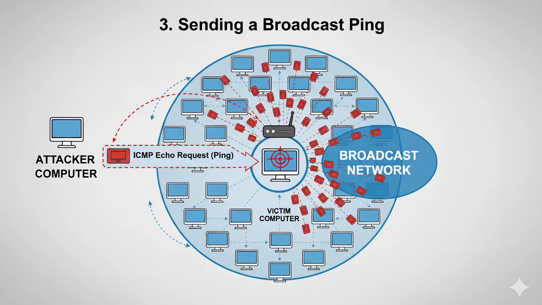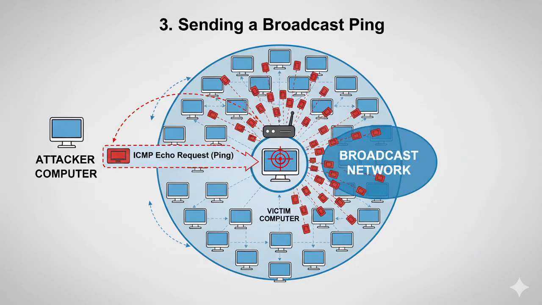Step 3, sending a broadcast ping. This is the pivotal step in a Smurf attack, initiating the amplification. The attacker computer sends its crafted ICMP echo request. Remember, this ping has a spoofed source IP, the victim's IP address. This single ping is then sent to the network's broadcast address.